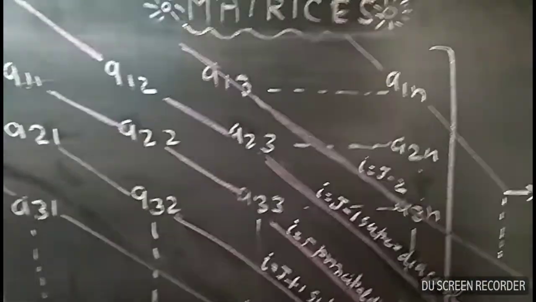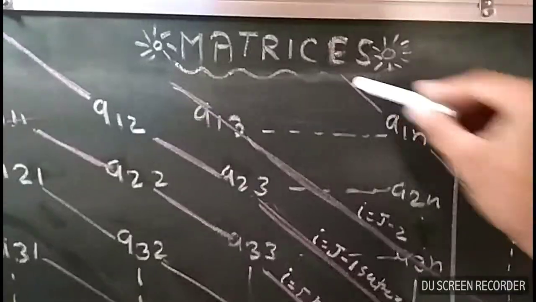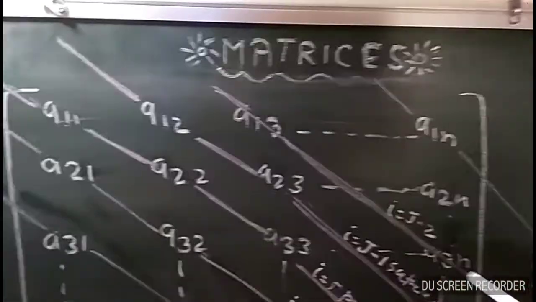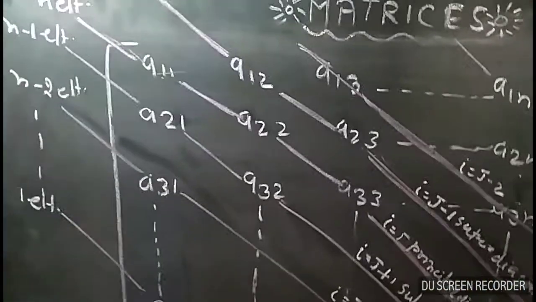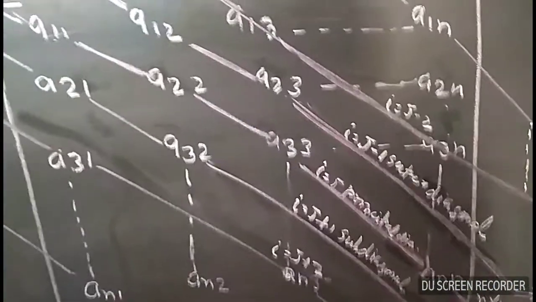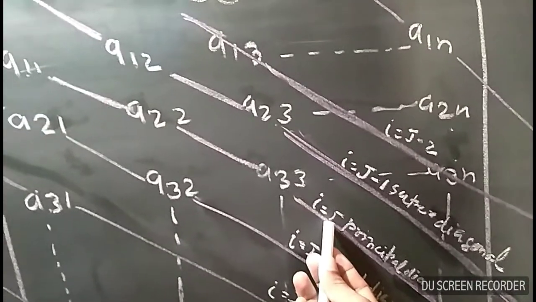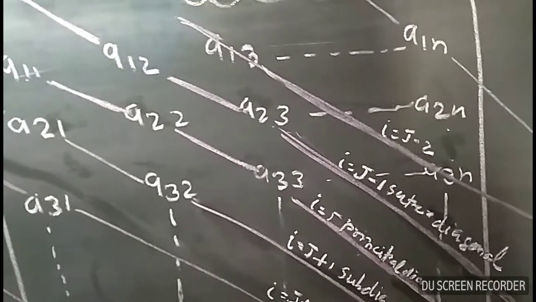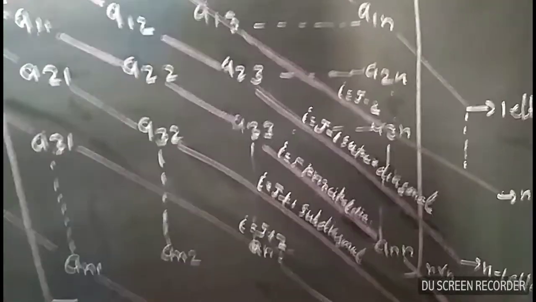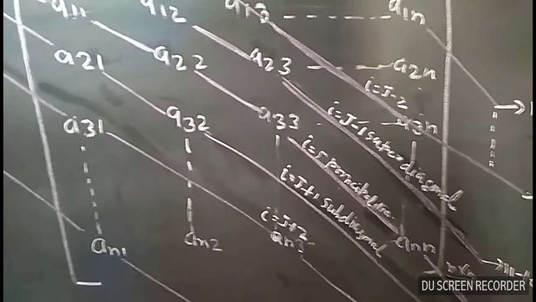If we divide it into first diagonal, second, third, the middle diagonal is known as the principal diagonal, where i equal to j. It is the principal diagonal of the matrix of order n.